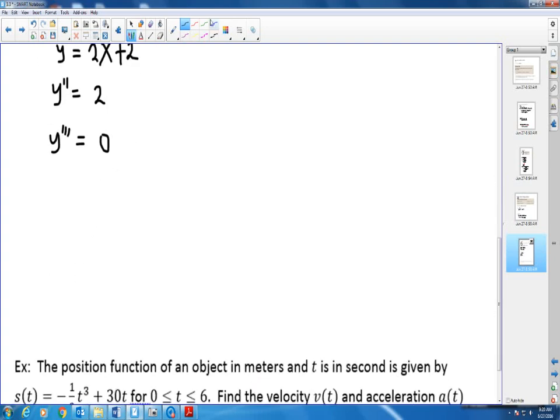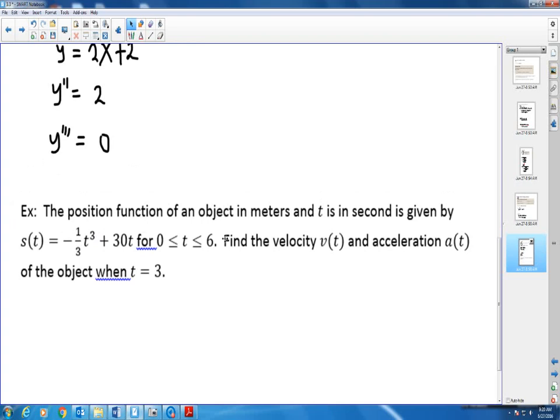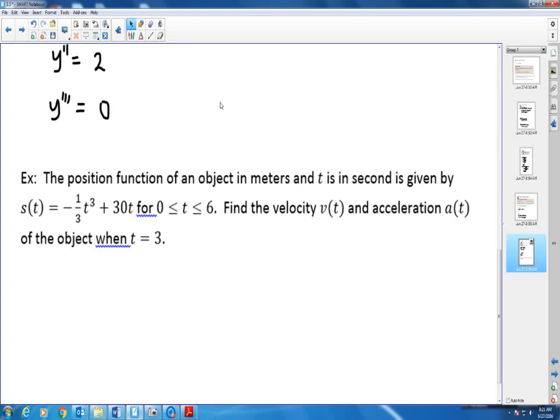Alright. Now let's go back and deal with this position function. Let's say I present you with the position function negative 1/3 t to the third plus 30t, in the interval between 0 and 6, where t is our time. Find the velocity function and the acceleration function of the object when time is 3. So let's take a look at it. The velocity function will come from the derivative of my position function.